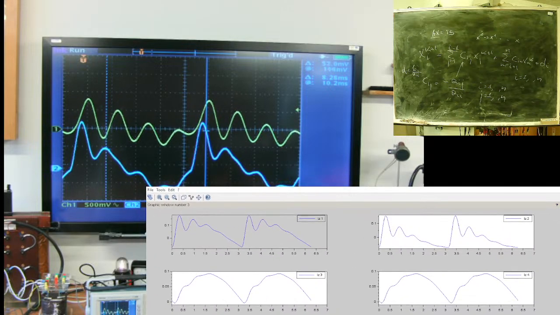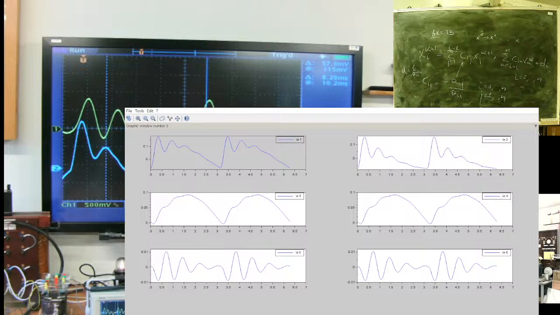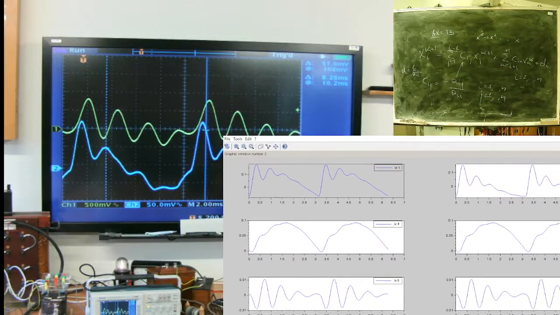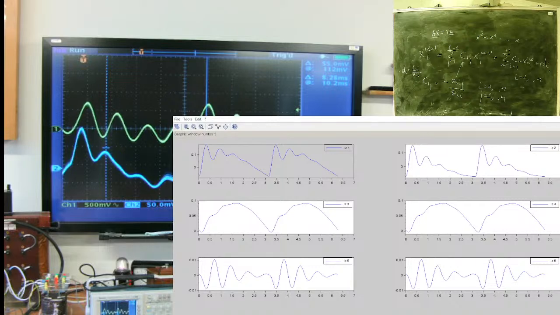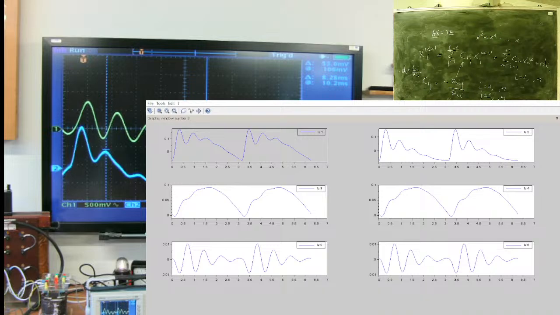Currents. Now people can see currents. So blue line is current number 4.